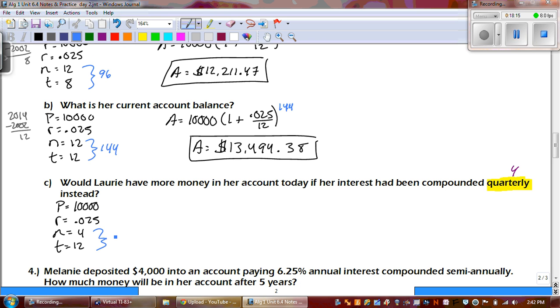And this goes to show you that this does make a difference when you're looking at your banks. Okay? So 10,000 times 1 plus 0.025 divided by 4, and it's 48.